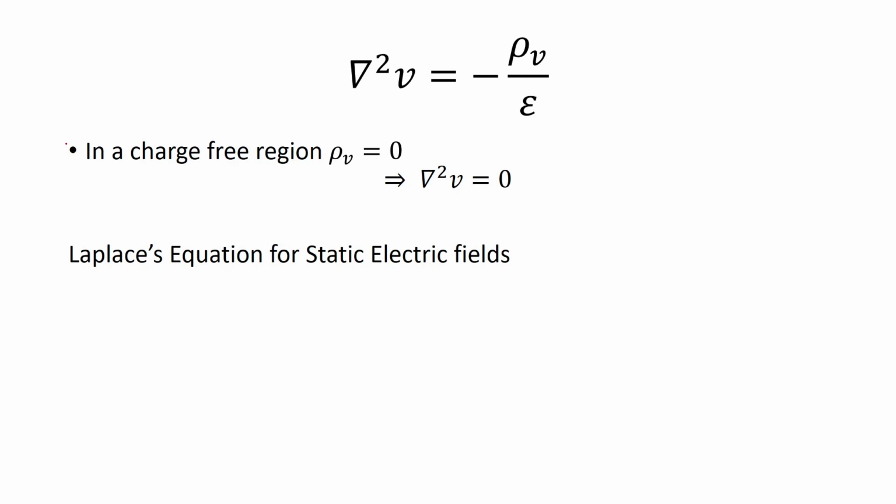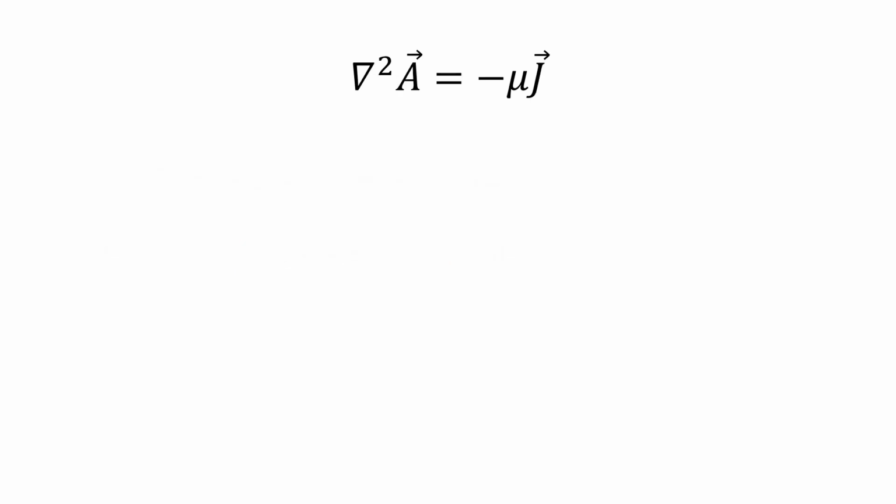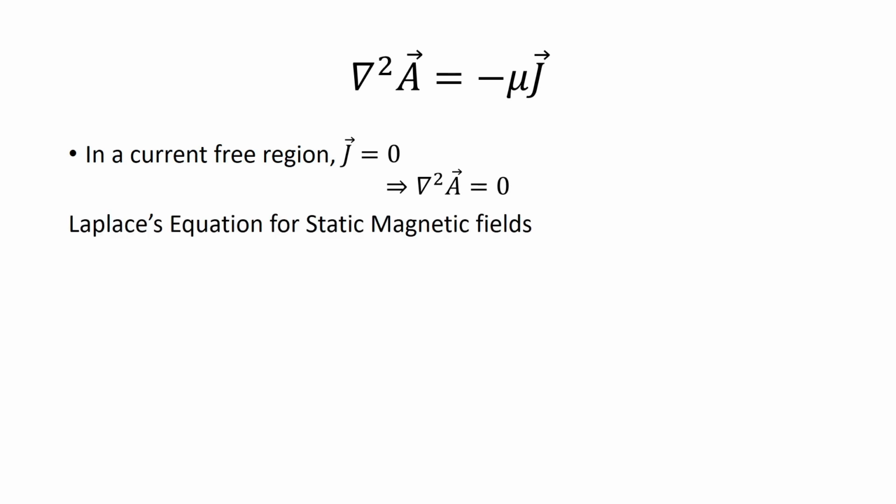This is defined for a charge-free region. Similarly, the Laplacian of vector magnetic potential is equal to minus mu J bar, and in a current-free region, that is J bar equals 0, del square A bar is equal to 0. This is called the Laplace equation for static magnetic fields.